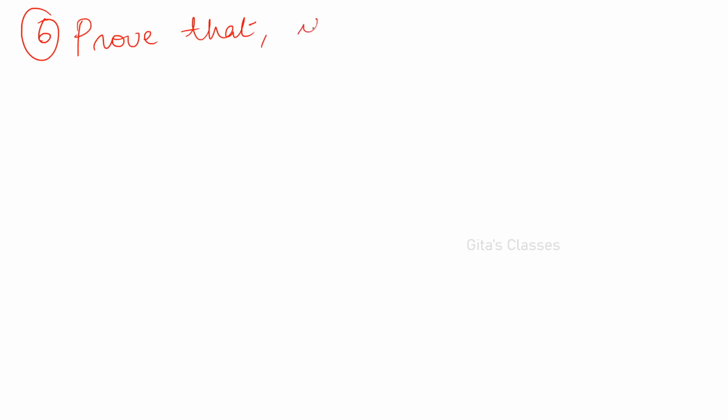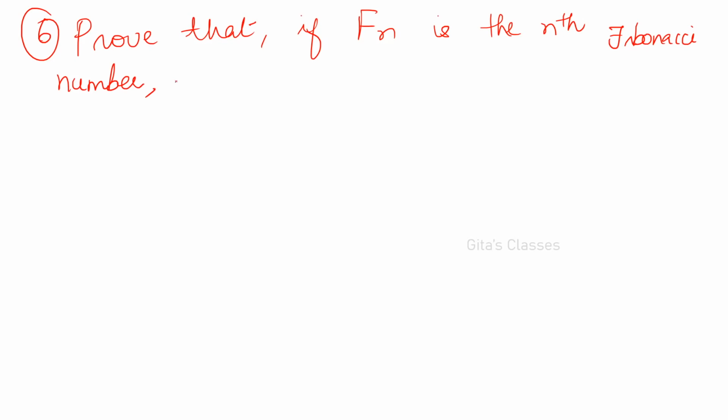if Fn is the nth Fibonacci number, that is the nth term, then Fn is equal to 1 by root 5 into 1 plus root 5 divided by 2.